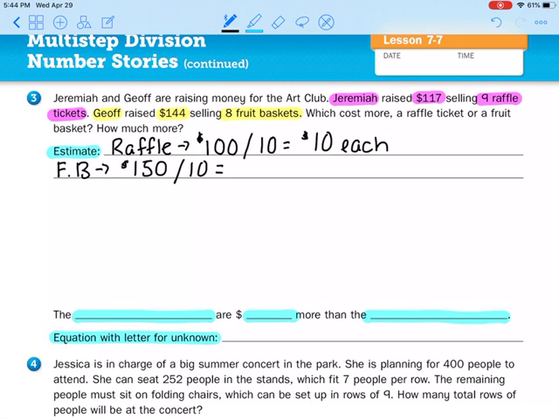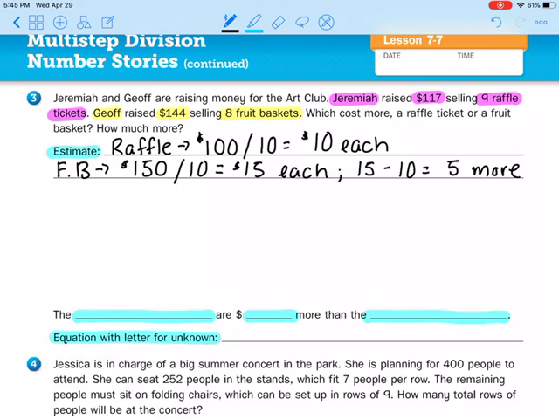So 150 divided by 10 is about $15 each fruit basket. So now I have to figure out if the fruit basket costs $15 and the raffle tickets only cost $10 each, then the fruit basket costs more, and by $5 more. So that's how we would do this with an estimate.